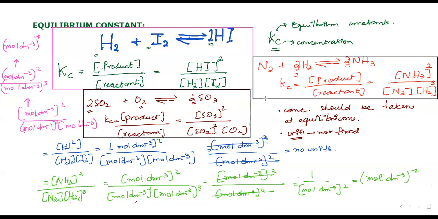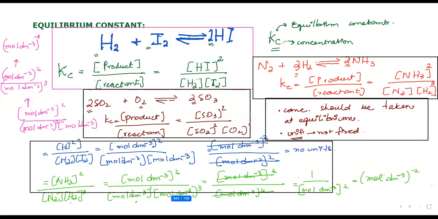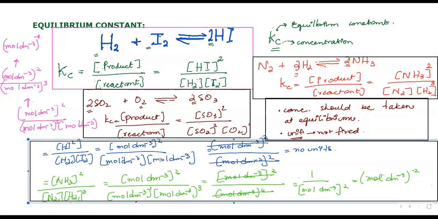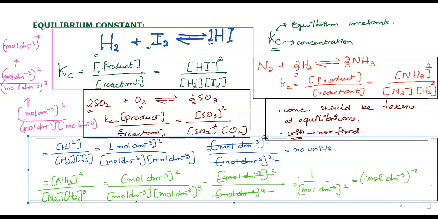Please don't forget this, especially for your paper 2 questions, because paper 1 is MCQs. Unless they have specifically made the question about units, maybe you can get away without doing the unit part. But for paper 2, you need to make sure each and every time you also calculate your units as well. So this is what your Kc is.